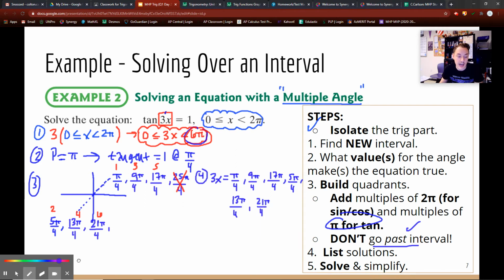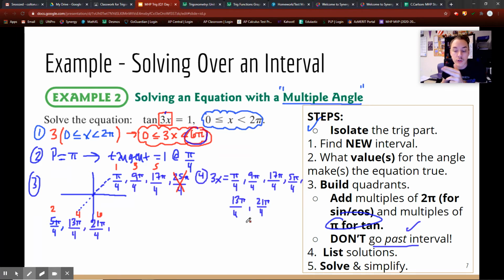So now watch carefully what I do here. These are my solutions given my interval that I created, my 0 to 6 pi interval. I don't want solutions from 0 to 6 pi.